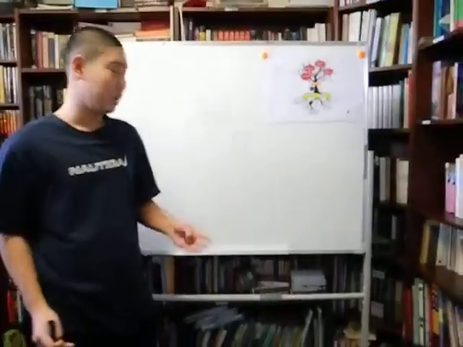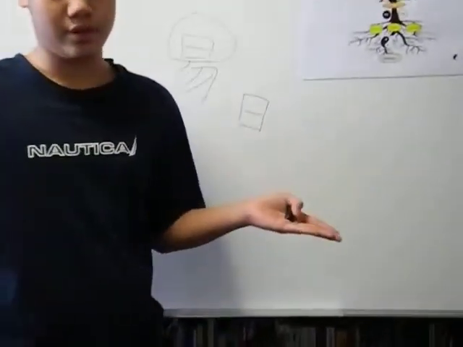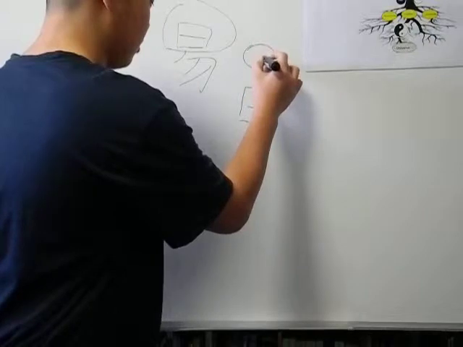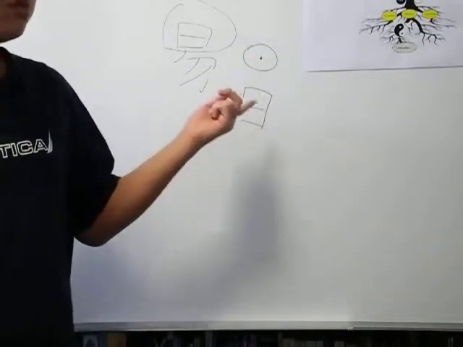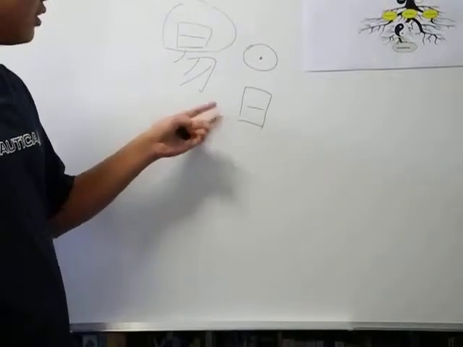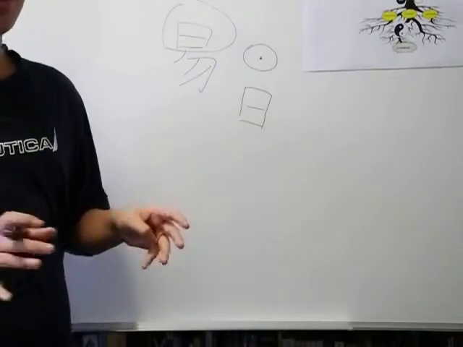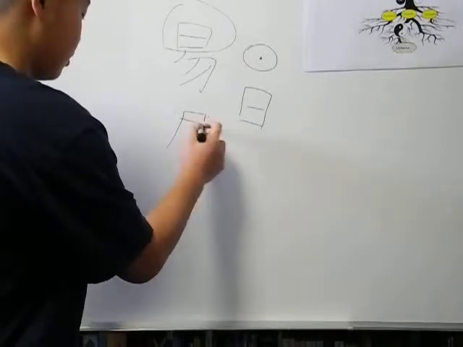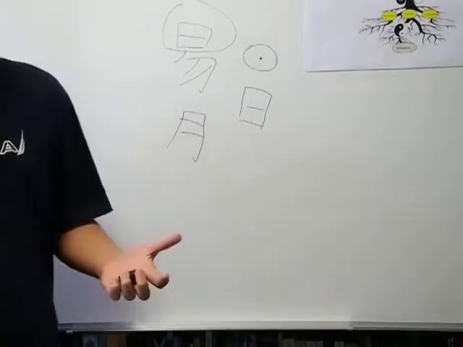This is the Chinese character for sun. And before it was written like this: a round circle with an inner dot. Since this represents the sun, if we change it a bit, it is the Chinese character yue, which means moon.